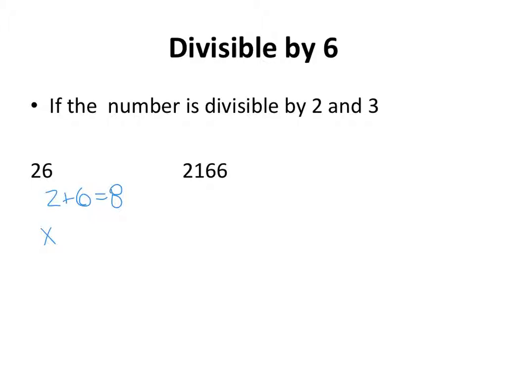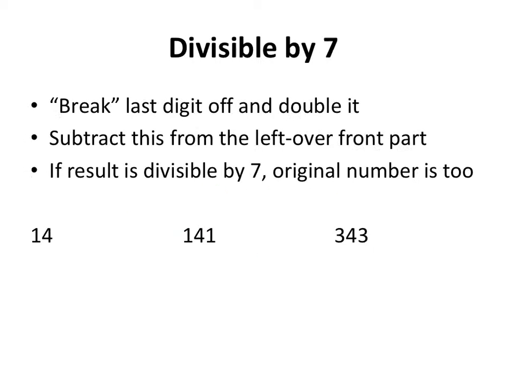For 2,166, it's even, so let's test for the 3 factor. 2 adding 1 is 3, add 6 is 9, add 6 is 15. 15 is a multiple of 3. This is an even multiple of 3. Using our calculators to help us out, 2,166 is 6 groups of 361.